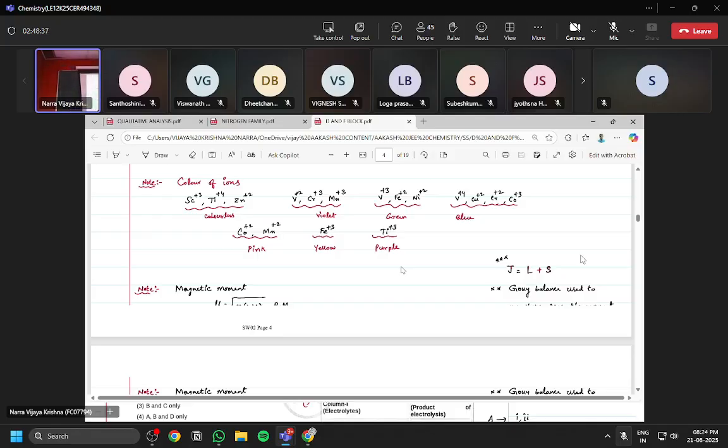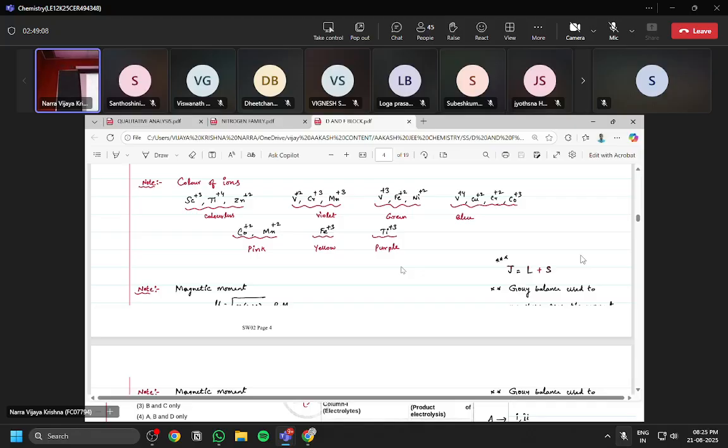They gave chromium plus 2, not chromium plus 3. If it is chromium plus 3, violet. So vanadium plus 2, chromium plus 3, manganese plus 3. These three are violet. Observe vanadium plus 3, green. Vanadium plus 2, violet. Vanadium plus 4, blue. So you need to remember those two.